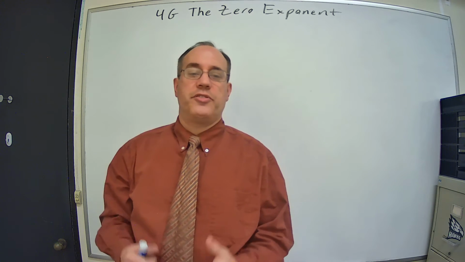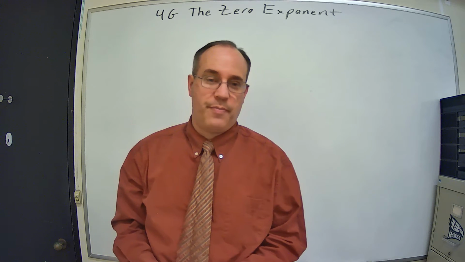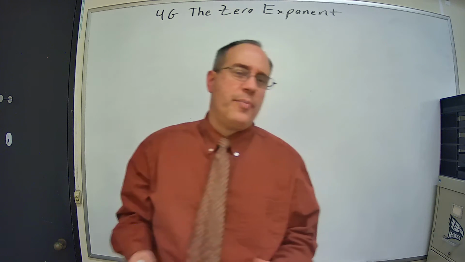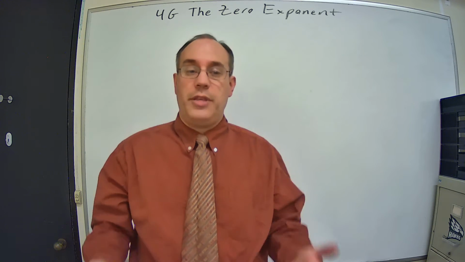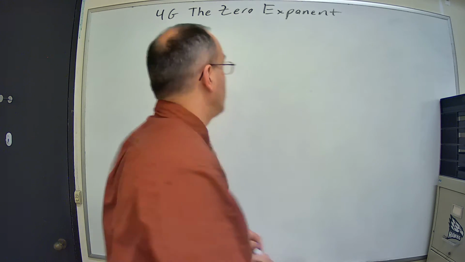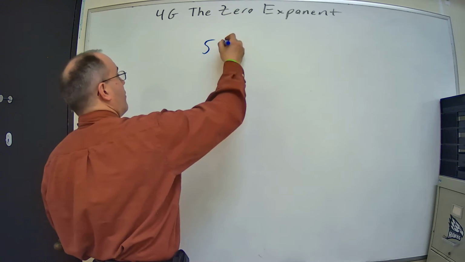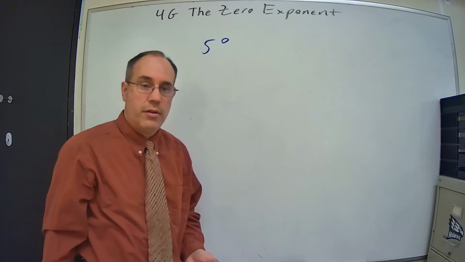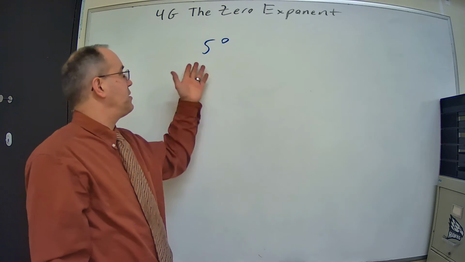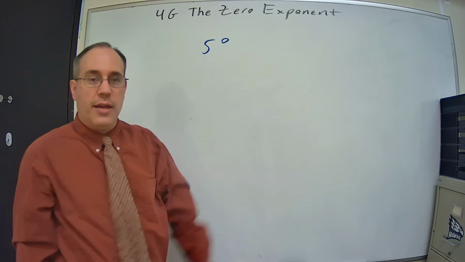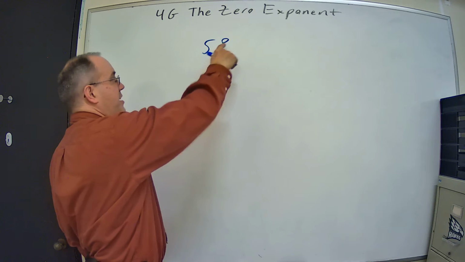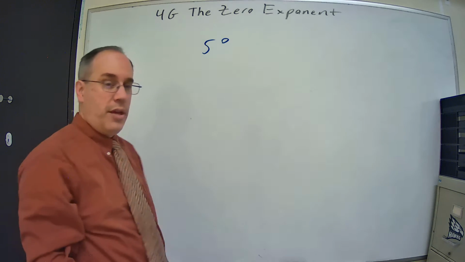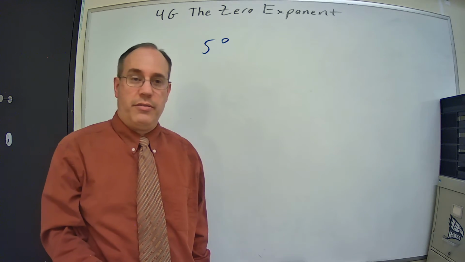4G, the zero exponent. What do I mean by the zero exponent? Well, what if you have a zero as the exponent? 5 to the 0. Well, what does an exponent tell you to do? It says to take this value, or this many of that value, and multiply them together.